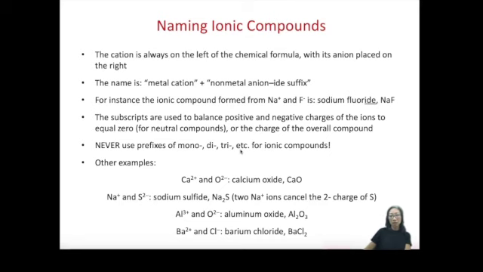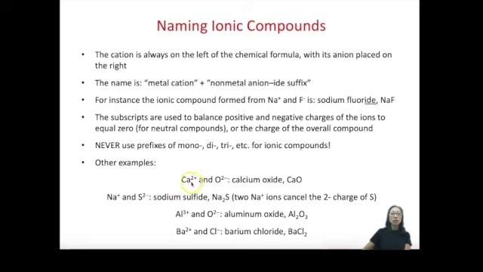That's called the stock system naming. That's when you have a metal ion that can form more than one charge, like iron +2 ion is called iron Roman number 2. Or the common name, you have the OUS and IC endings, ferrous for iron +2 or ferric for iron +3. Okay, so we'll get into the naming, but I want to show you some more examples for writing the chemical formulas.